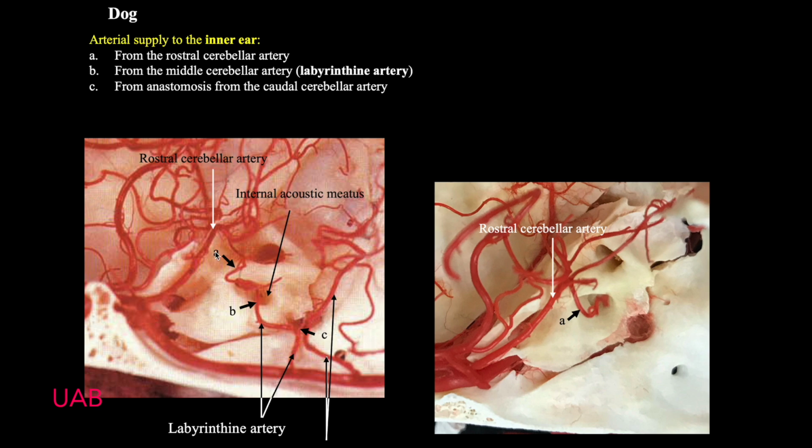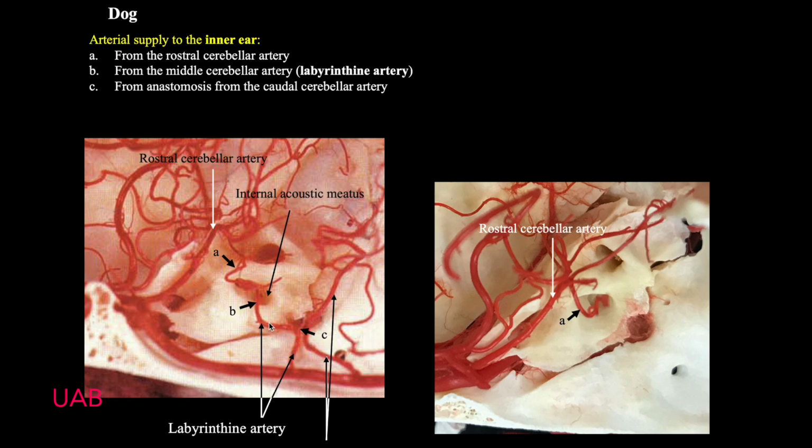First we have E, the letter E. This is an artery that is going to enter the internal acoustic meatus, and it has branched off from the rostral cerebellar artery. This is the rostral cerebellar artery. As you see in this image, the rostral cerebellar artery branches off a small artery that enters the internal acoustic meatus.